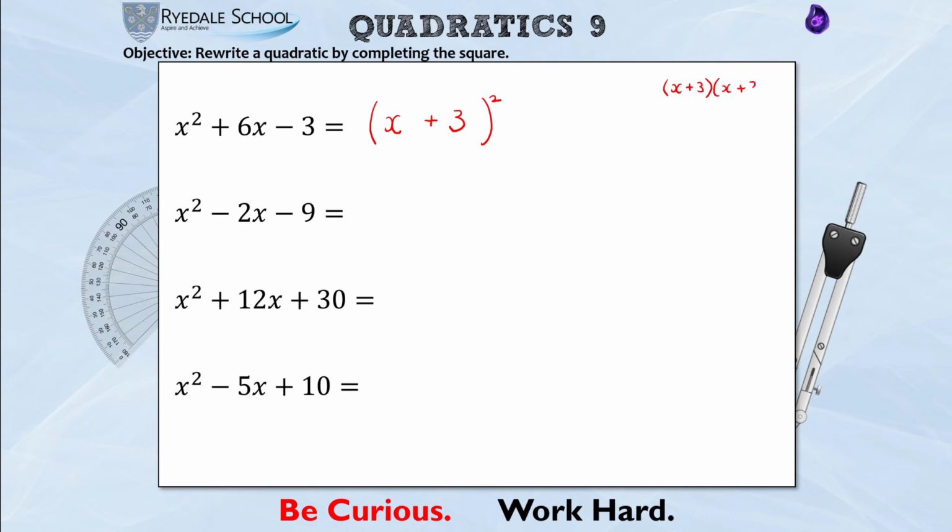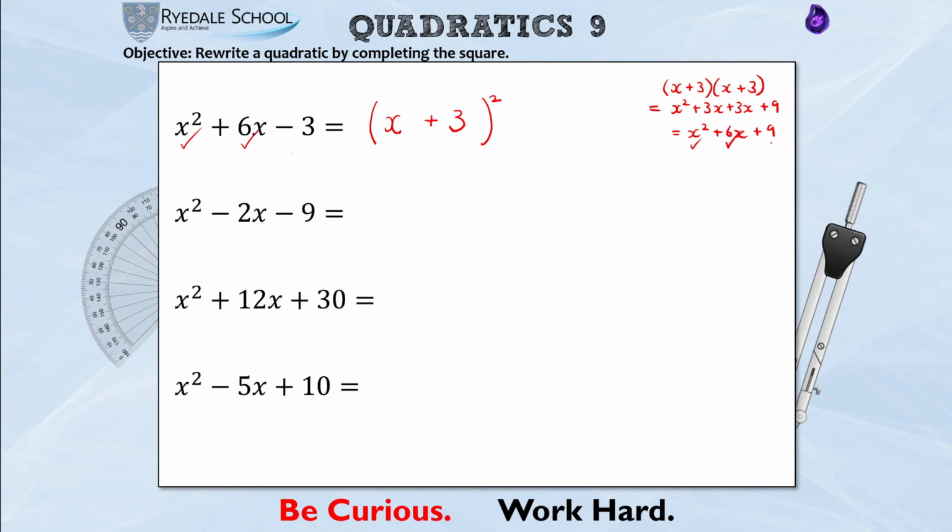So I'm just going to check what I've already got with FOIL. I've got x squared plus 3x plus 3x plus 9. So I've got x squared plus 6x plus 9. So you can see, I've got the x squared. I've got the plus 6x, but I don't have the minus 3.